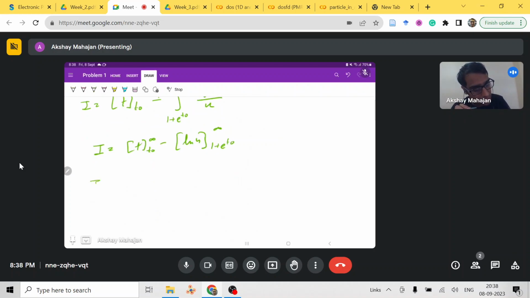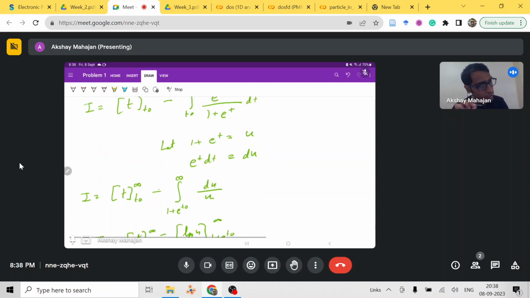You can take a very high value and understand that both high values will mostly cancel each other, because ln of a very high value is also something infinite. So what we are left with is minus t naught plus ln of 1 plus e to the power t naught.